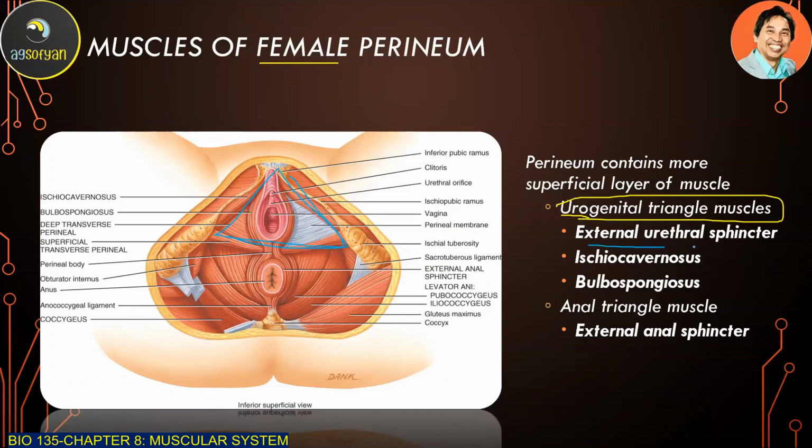So the first one, external urethral sphincter, is actually here. You cannot really see it. Okay, sphincter muscles that close and open the urethra when the female urinates. Yeah, it's going to be controlled by this external urethral sphincter muscle.